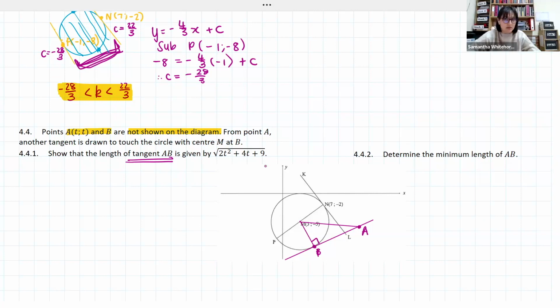This is a slightly harder question. It's not supposed to be particularly easy, but it all relies on knowledge that you have. So if you join your center to point A, and to the point where your tangent touches your circle, you have a right angle triangle that you can go ahead and work with.